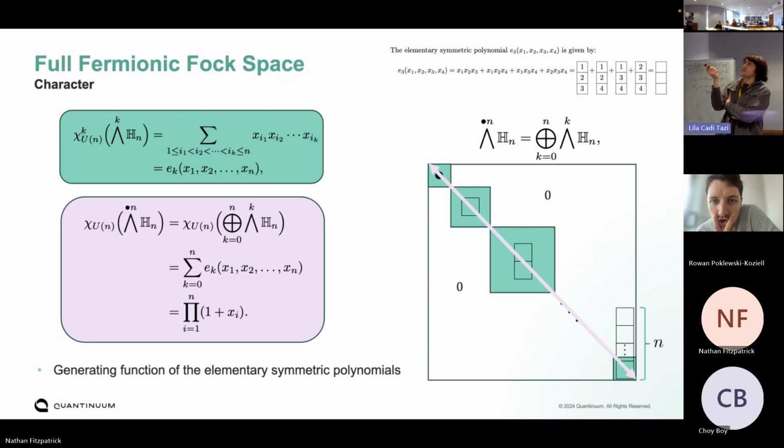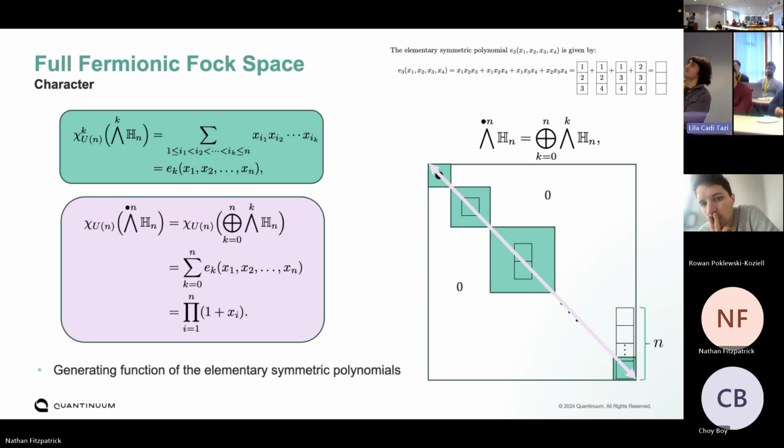If n was 4 here, and we have this 3 vertical one, the number of ways of filling this is 4 different ways. And this basically is the dimension of your particle number anti-symmetric space. And these vertical diagrams correspond to the anti-symmetric unitary group representation.